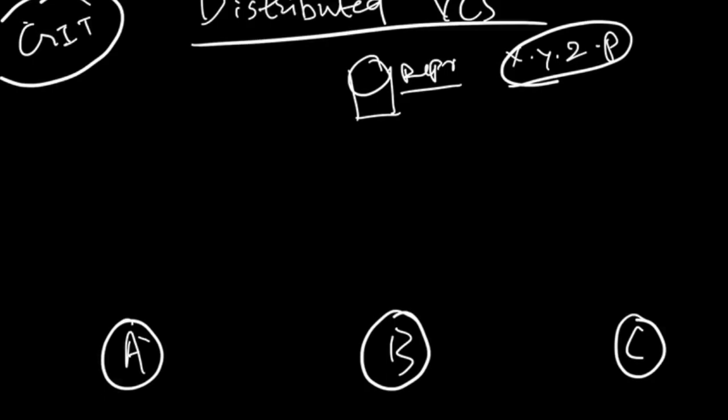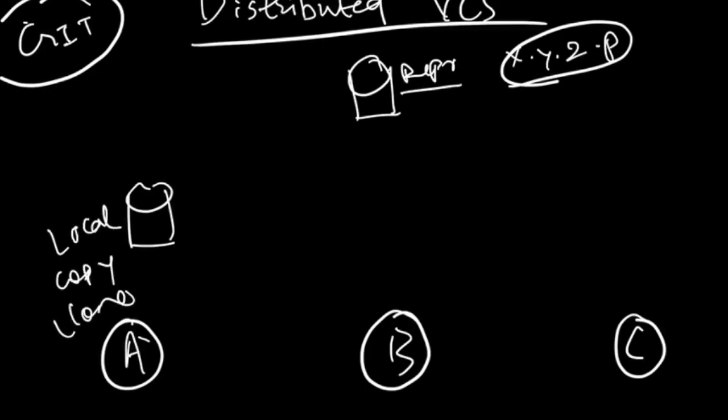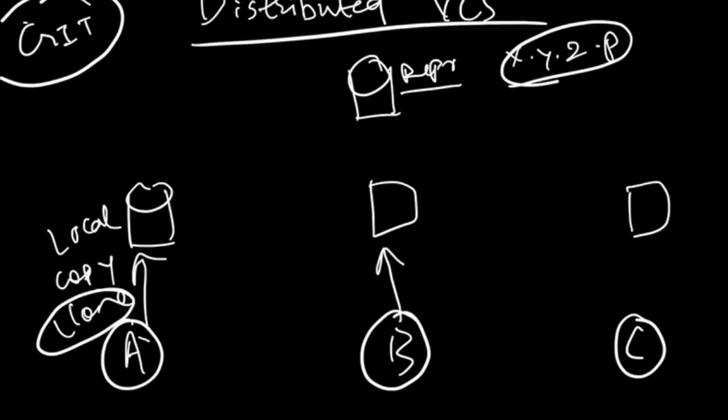In a distributed version control system, there will be A's own local copy, or let's call it a clone. Clone is basically a copy, and similarly B will have his own local copy and C will have his own local copy, right? And since it's a local copy, whatever operations A does to this repository will be only reflected in his local repo and not be reflected in the main repo.